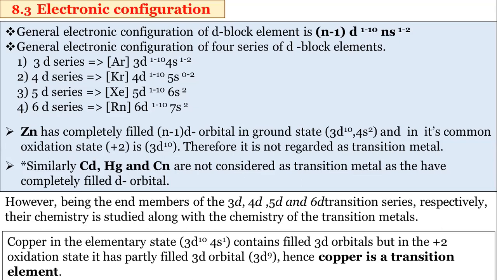Remember, these are the last members of the d series: zinc is the last member of the 3d series, cadmium is the last member of the 4d series, mercury is the last member of the 5d series, and copernicium is the last member of the 6d series.